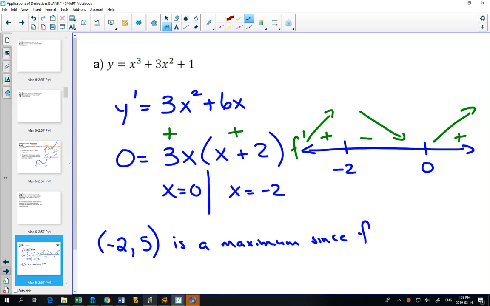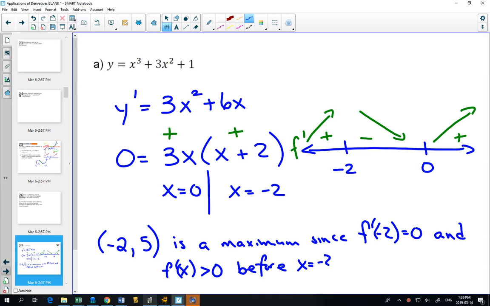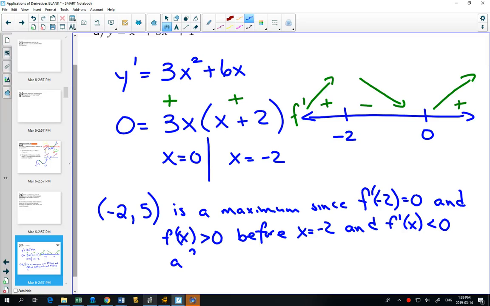since f prime at negative 2 is equal to 0 and f prime of x is greater than 0 before x equals negative 2 and f prime of x is less than 0 after x equals negative 2.